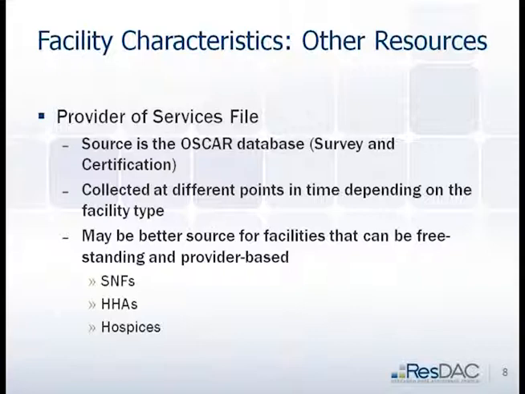This is coming from another source, from when they recertify, and it's a state that manages that process. What's nice about the provider of services file is that it includes all facilities. So in one file, you'll see all hospitals, all home health, all hospices, regardless of provider-based or freestanding. They're all listed in one place.